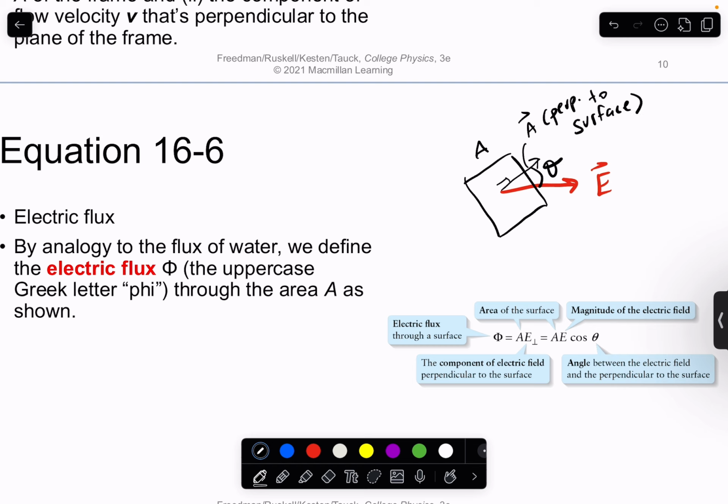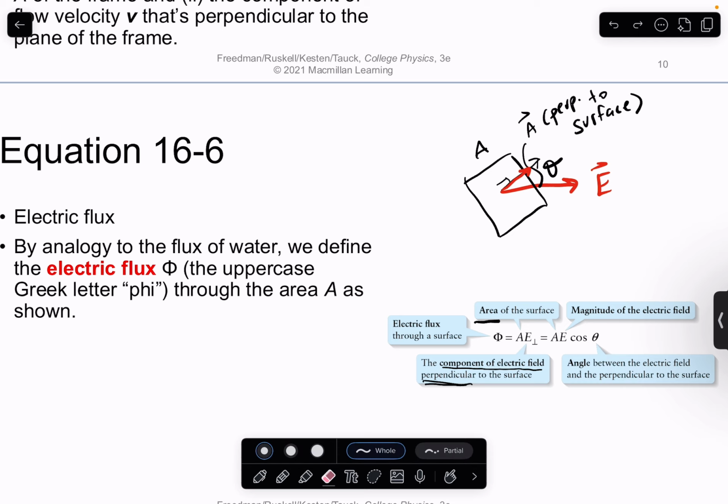Okay, so now we are talking about how much electric field vector passes through a surface area, and we're going to call that the electric flux, and we're going to use the symbol capital Phi to denote it. Here's the expression for that: it's the area of the surface times the component of the electric field that is perpendicular to the surface. So we're going to multiply the area times the component of E that is along this direction.